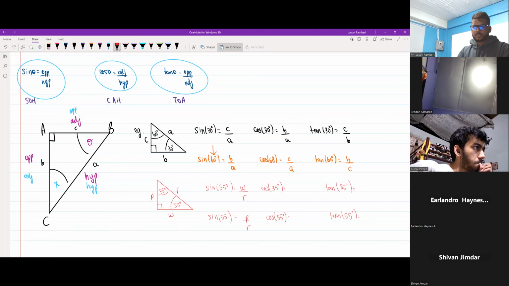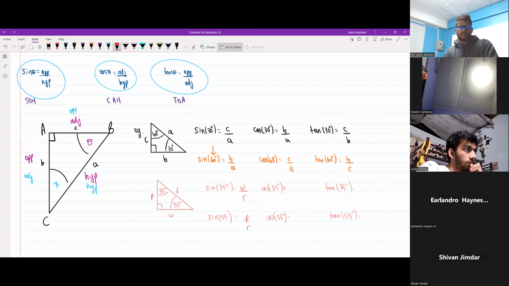Where's the adjacent if I use 35 degrees? Right, I'm asking a different question. What is the opposite if I use only 35 degrees?